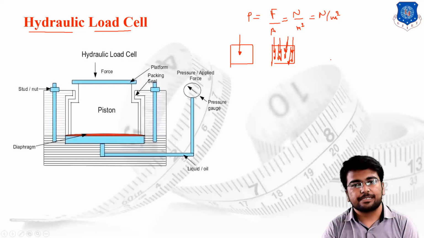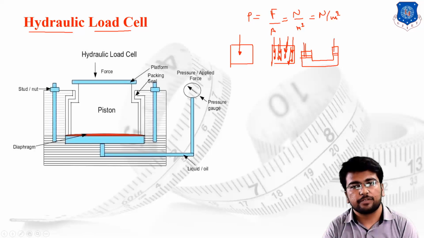Pascal says that, suppose this kind of tank is available and this is the piston provided over one side of the tank and the second piston is provided over the other side of the tank. As you can check from the figure, the diameter of this particular cylinder arrangement is, let's say, D1, and the diameter of this arrangement is, let's say, D2.